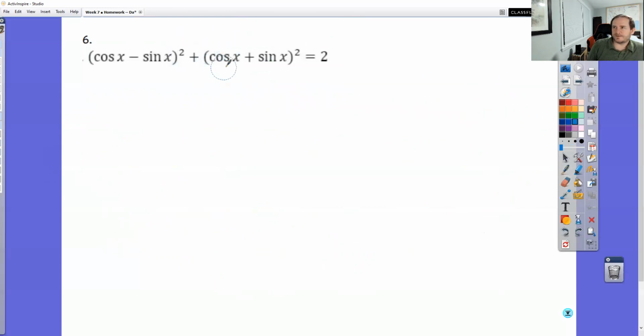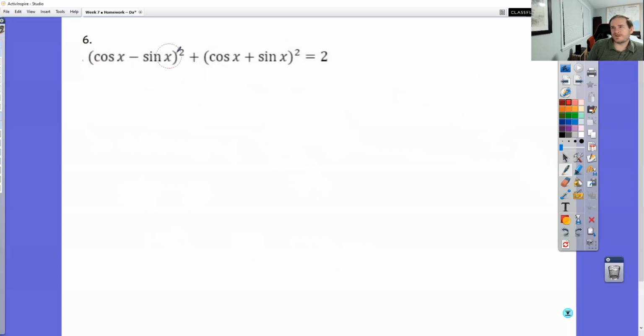So here's a pretty darn good example of a problem where I don't think you'd want to just start from the 2 and try to turn 2 into this whole big pile of mess. But maybe you would. I don't think you would, though. Okay, so let's go ahead and try to work this side. Again, you're going to do the only thing you can do, which is to FOIL these things out.